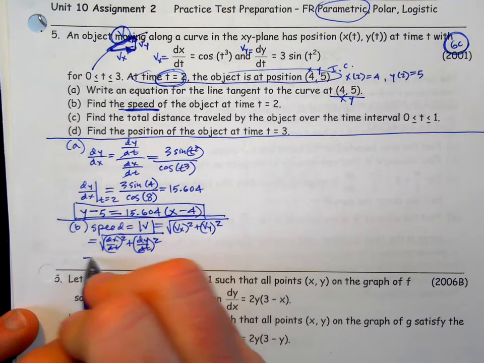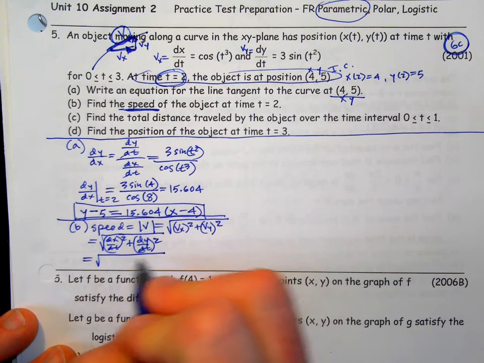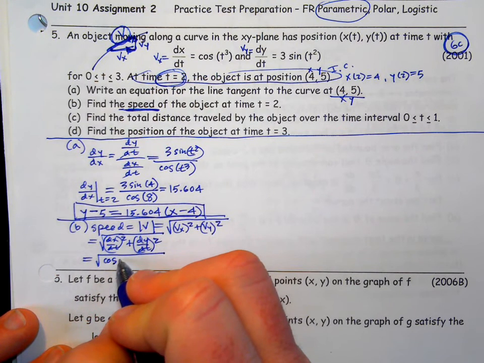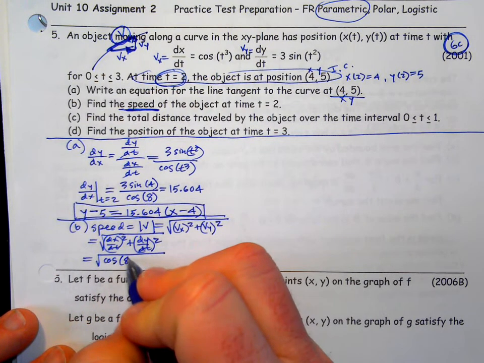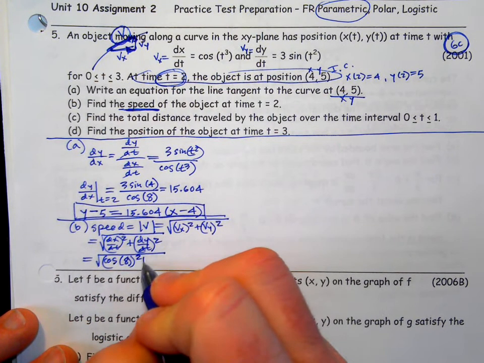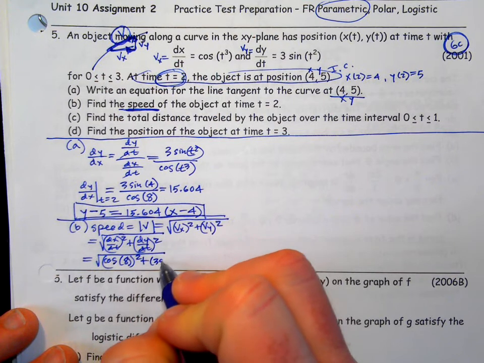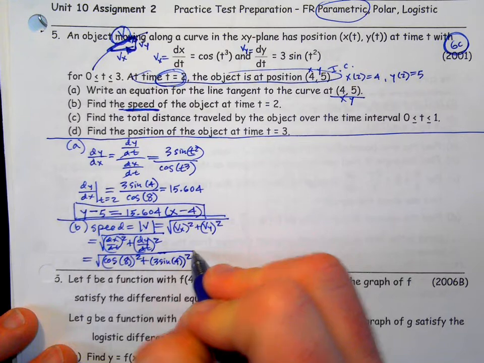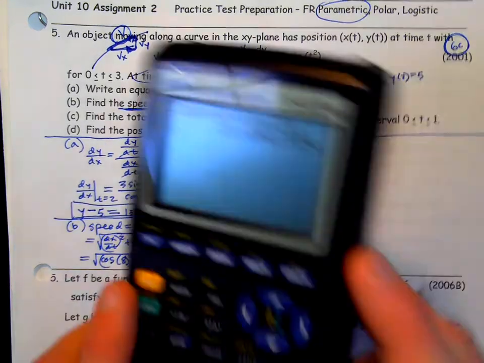So for us, that is the square root of cosine. Now this is at time 2. So that's cosine of 8 squared plus 3 sine 4 squared, including the 3 gets squared. And we can just put that in our calculator.